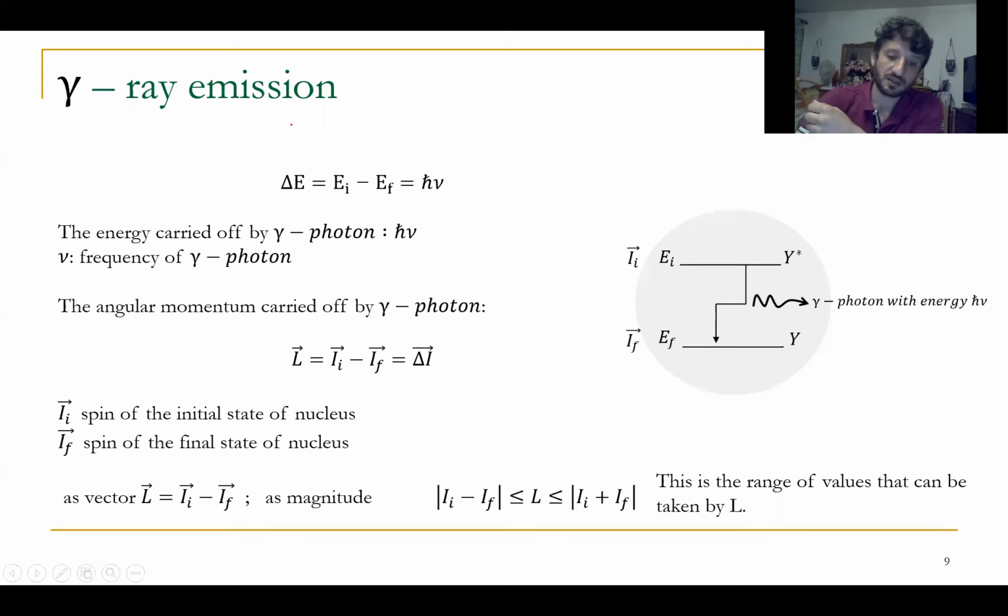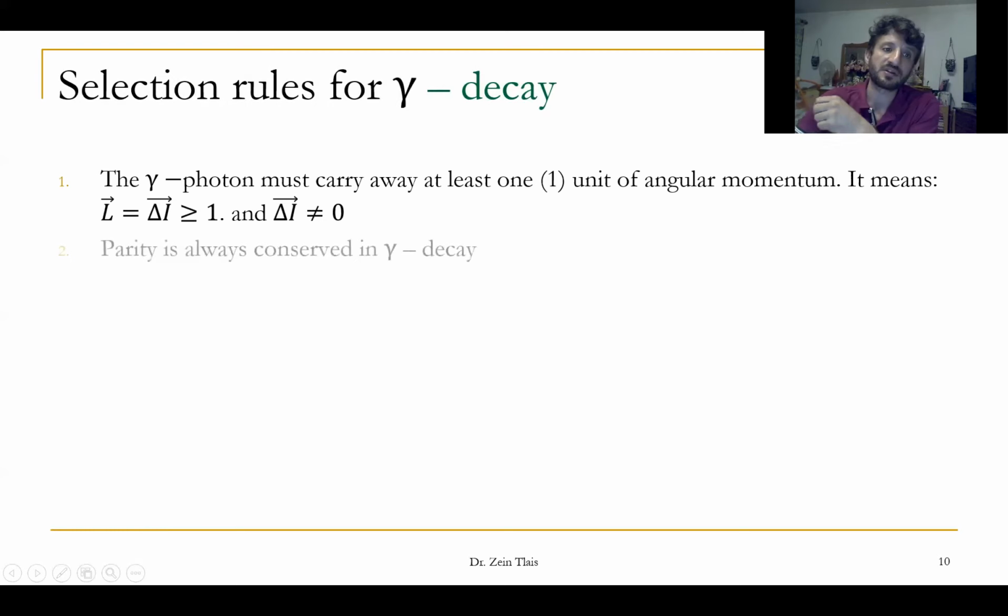Now let me calculate the selection rules of gamma decay. In general, the absolute value of L must be greater than or equal to 1. You know L equals delta I. So the magnitude of L must be equal to or greater than 1. L cannot be equal to 0.